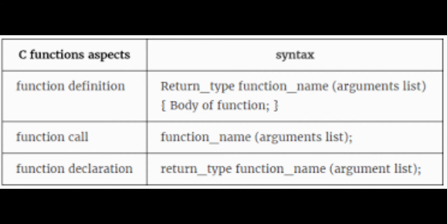Just like that, if your function is going to return a number or an integer, you'll give the return type as int. If your function does not return any sort of information or data back, you give void because there's nothing, and then you give your function name.